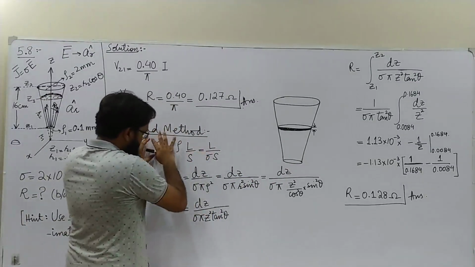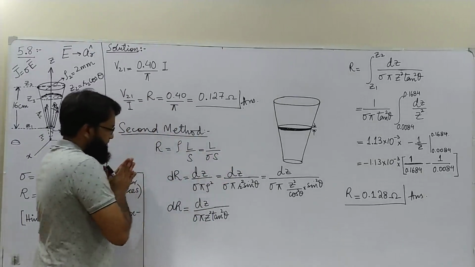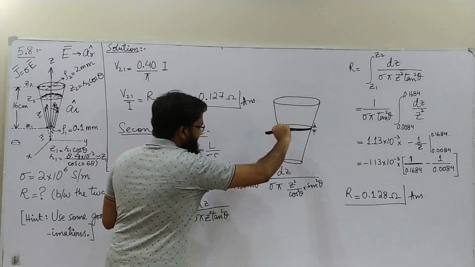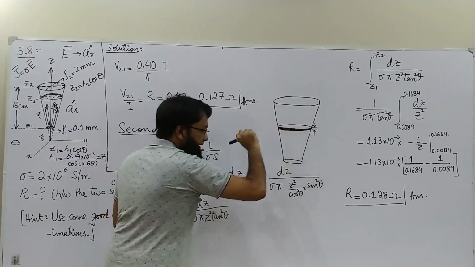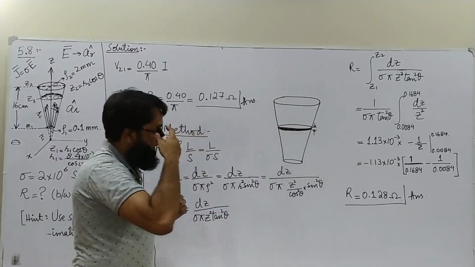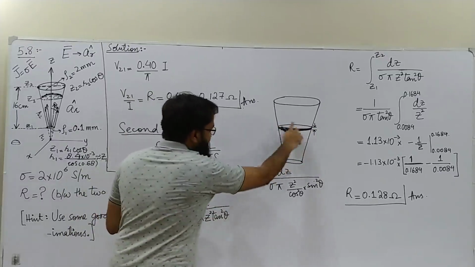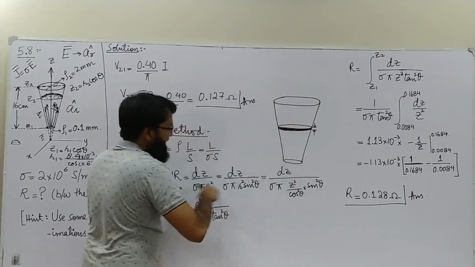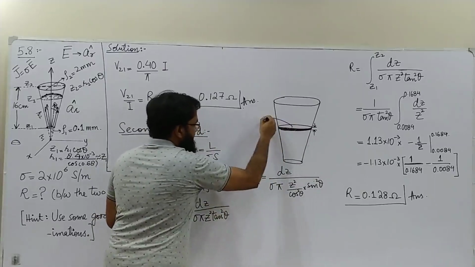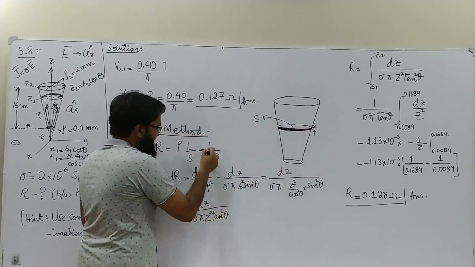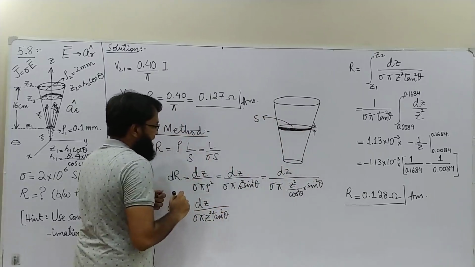Now, having said that, what we can do is divide this conductor into very thin discs, where each disc has some certain area S, and the thickness of that disc can be given as the length.